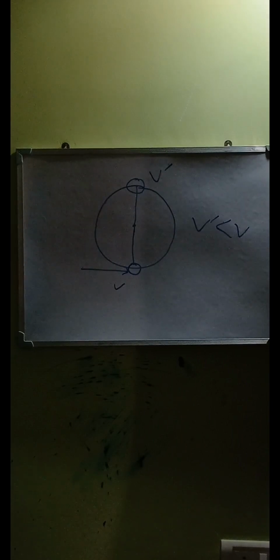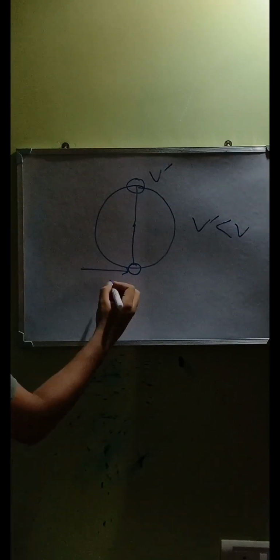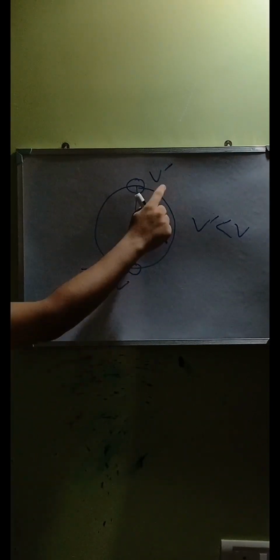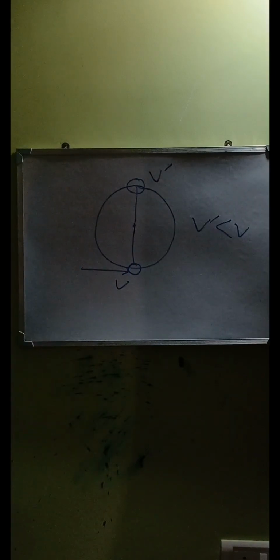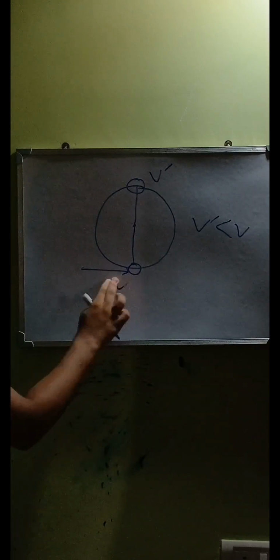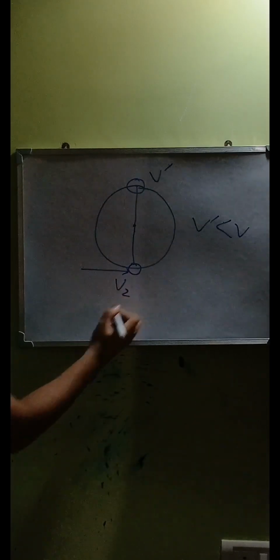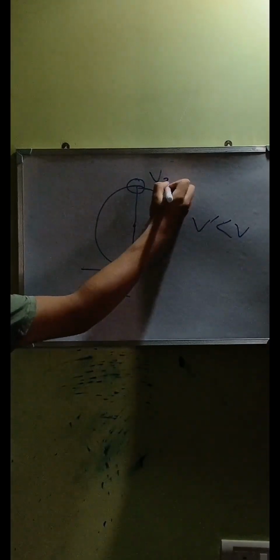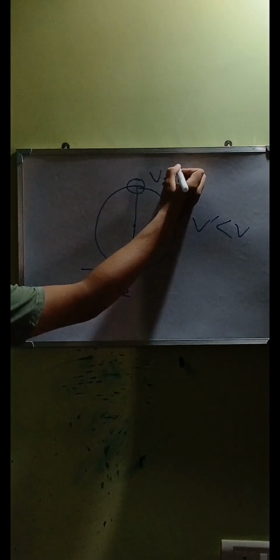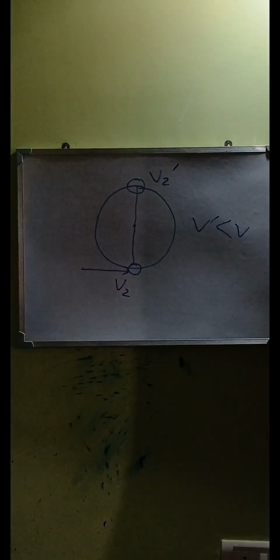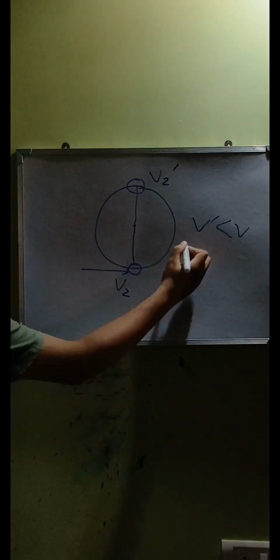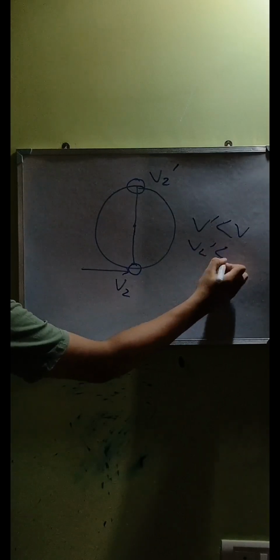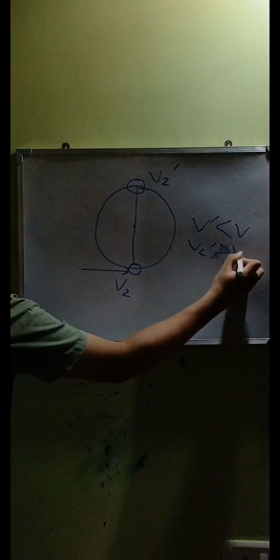Suppose v is the minimum velocity, and after reaching this point, the velocity is v dash. Now I again give it a velocity v2 which is greater than v. So after reaching this point, the velocity will be v2 dash. But of course, v2 dash will be greater than v dash.